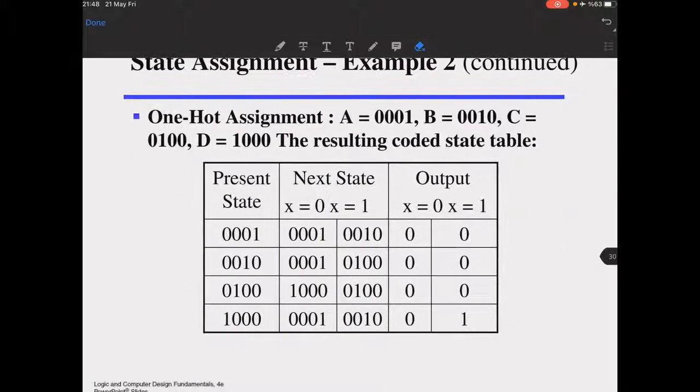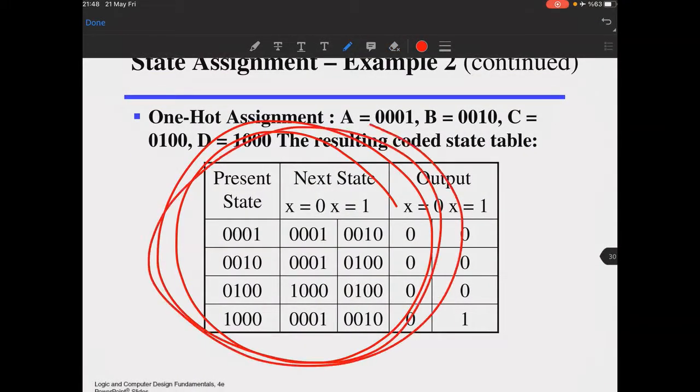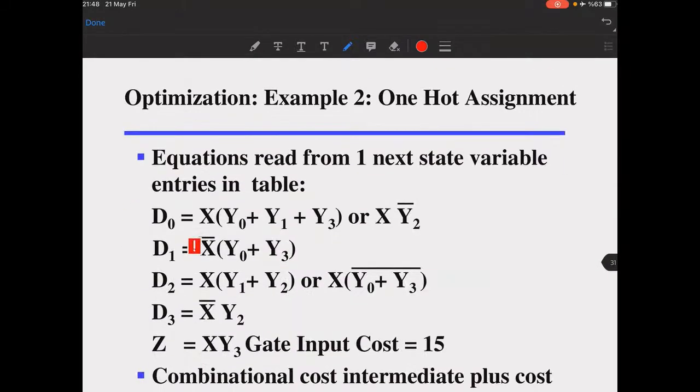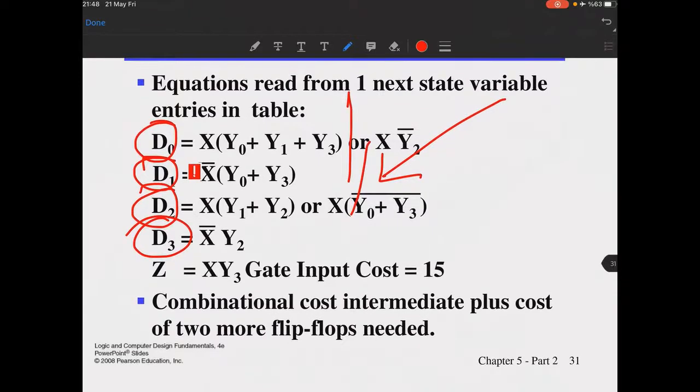If you do a state table like this and one hot coding, your resultant flip-flop equations should be like this. And when you calculate the one hot coding assignments gate input cost, it would be intermediate. Like it would be, your gate input cost would be 15 plus your inverters here.